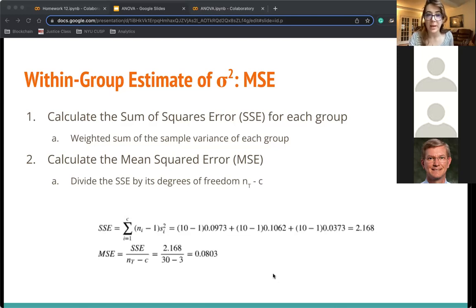So we take this sum of squared error, which you have this formula right here as SSE, where for each observation we are taking this sum of variance for each group. And then we divide that sum of squared error by how many degrees of freedom exist. And that gets us this mean squared error.